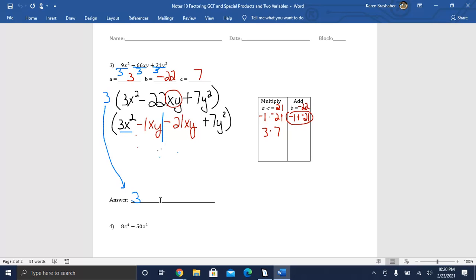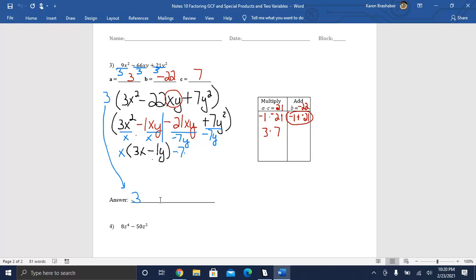and I'll be able to divide both of these by an x, so that when I do, I'll have 3x minus 1y. So my next term I can divide by, now it's negative, I have a negative 7y that I can divide by.